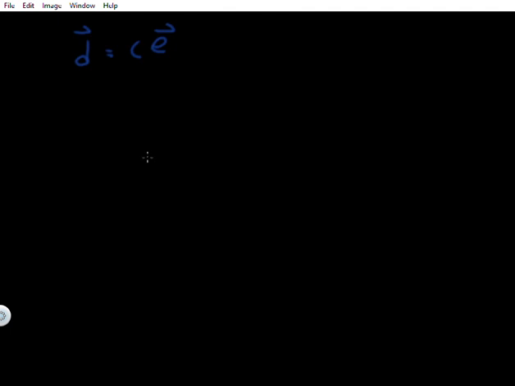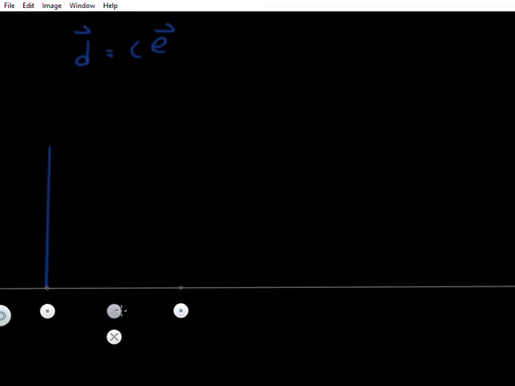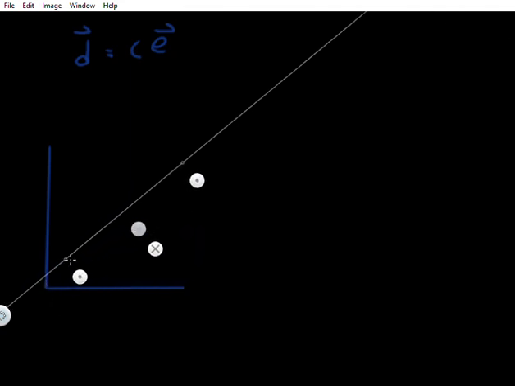And let me show this in 2 dimensions first, rather than going to 3 dimensions really fast. So let's say we're in the xy plane, just to make a point here. And I have vector d.